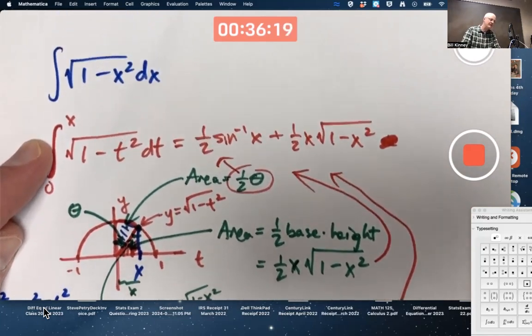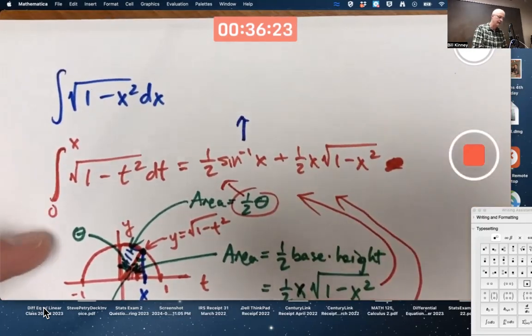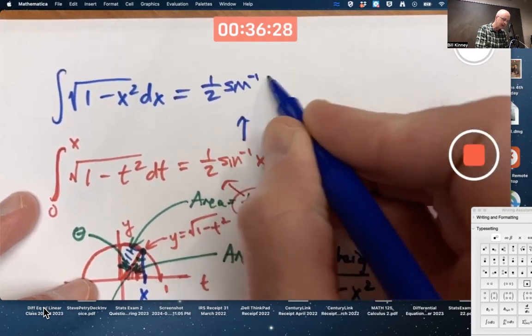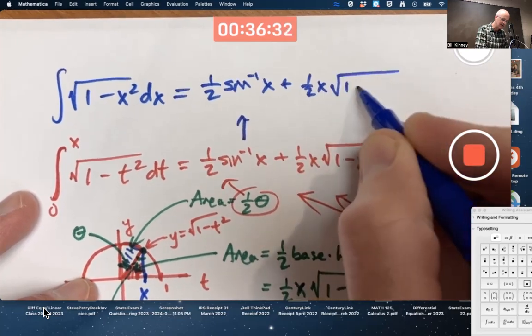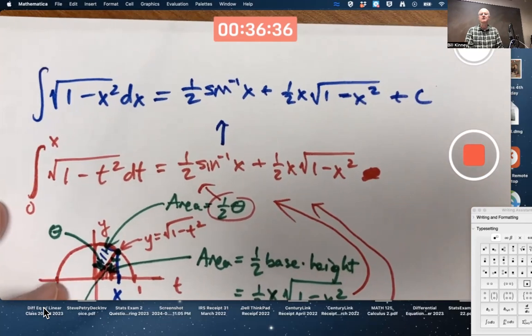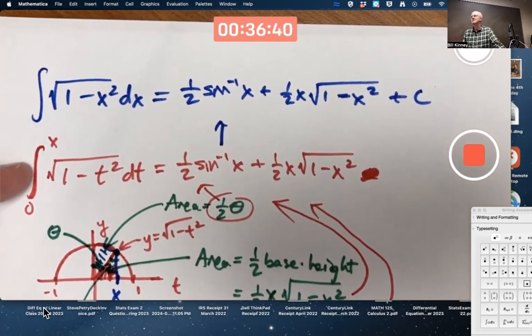This allows me, though, to figure out the indefinite integral. That was my original problem. It's the exact same answer, but with an indefinite integral, you do need to put the plus c there. The indefinite integral really represents infinitely many functions, whereas this definite integral represents just one function.